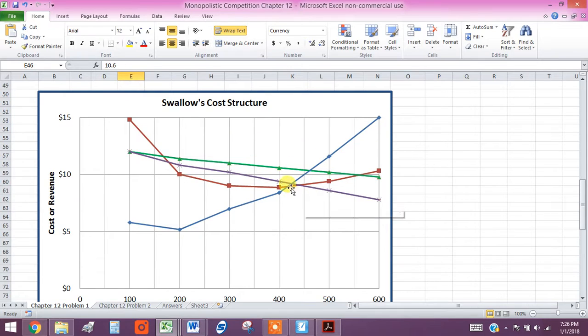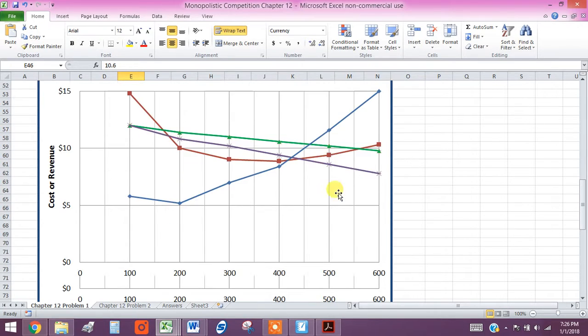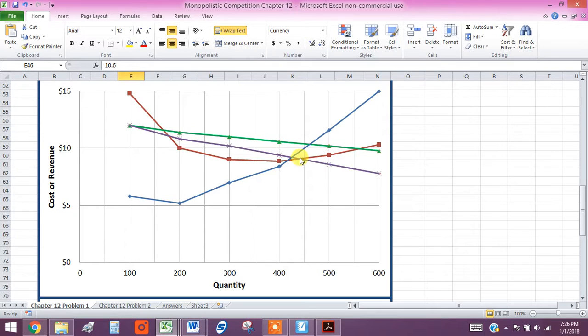Now, if we move up to 500, we can see that marginal cost is way above marginal revenue. That's not what you want. You would never operate at that point. So you would take the nearest point to where marginal revenue equals marginal cost, which is about 420 in quantity, and you would drop back to 400.